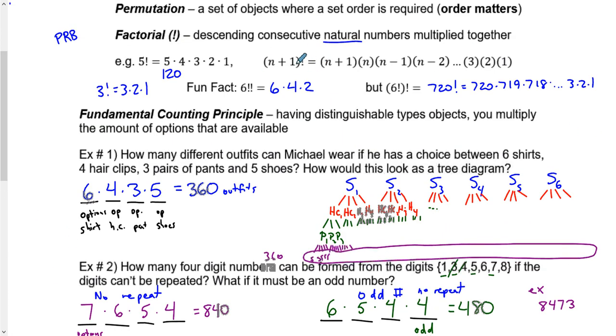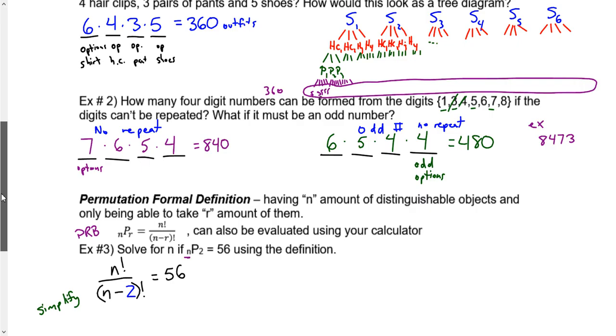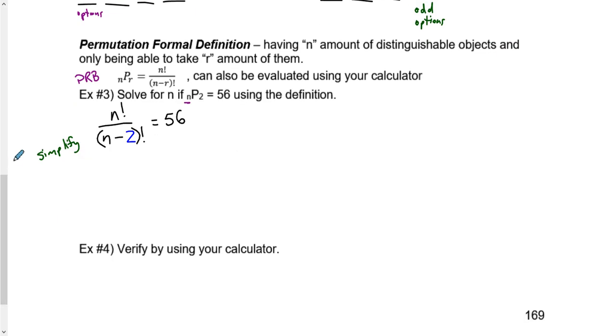If we use variables like n plus 1 factorial, we're just going to take each number that's 1 less than it. So n plus 1, then n minus 1, then n minus 2, n minus 3, n minus 4, all the way down to 3, 2, 1. Generally, the easiest way is choose the biggest variable.